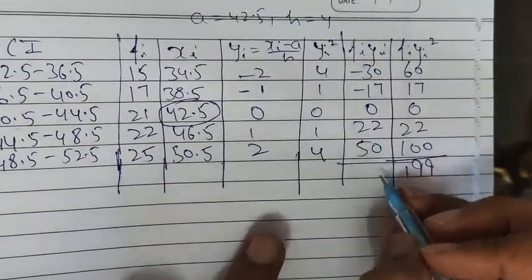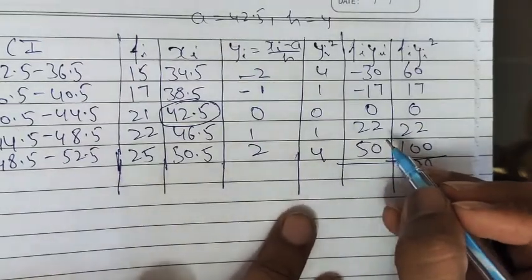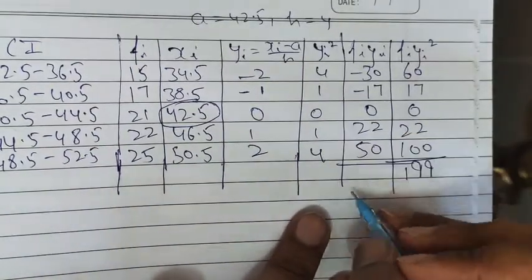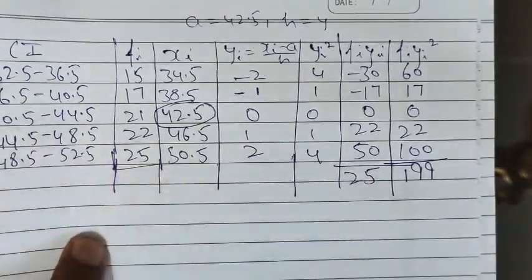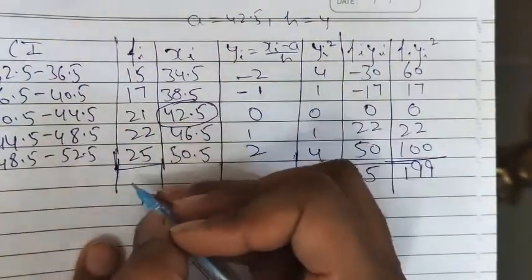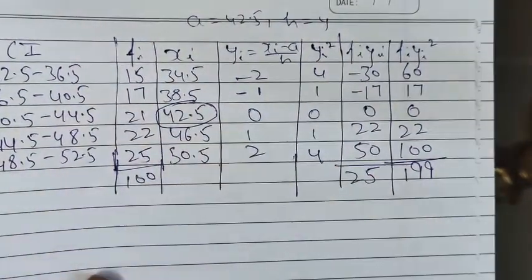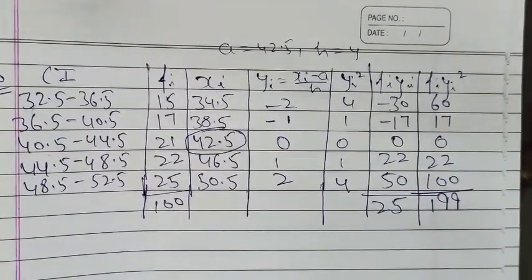The sum of fi yi will be 20 minus 17 is 3, 25. The sum of fi will be 100. Now mean is equal to the same formula.